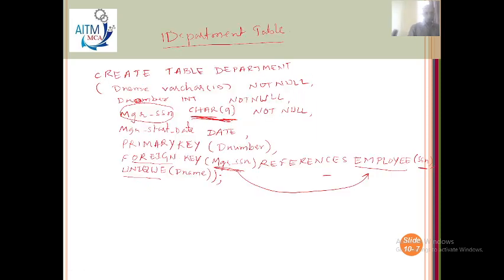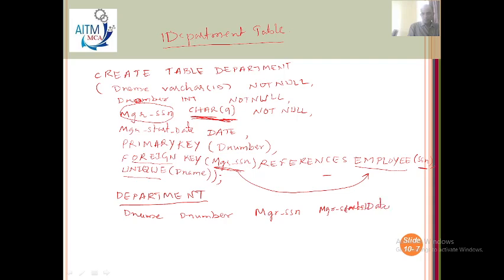Then department table. When you create this table, DEP, department table, okay, here D name is there, then D number is there, manager SSN, MGR SSN, then MGR start date, date is there.